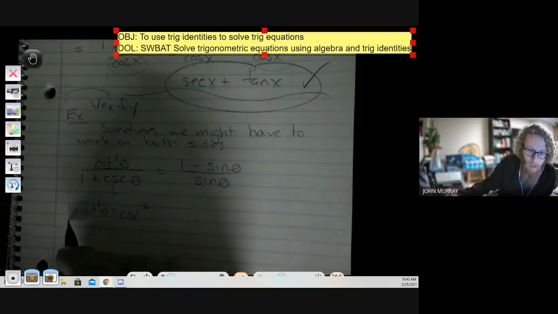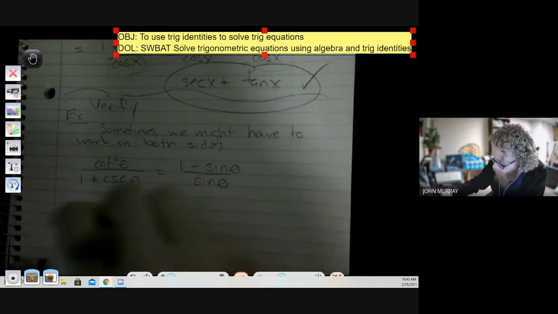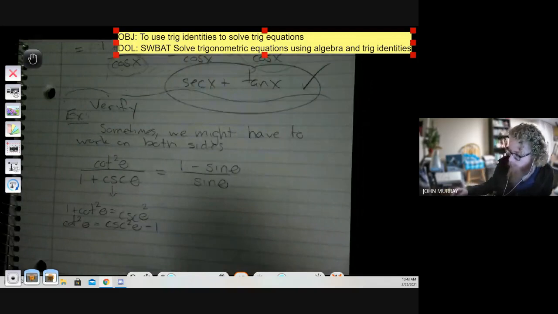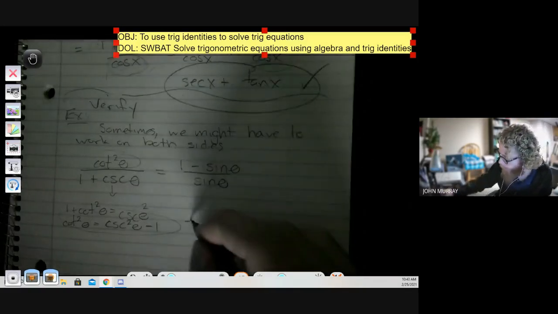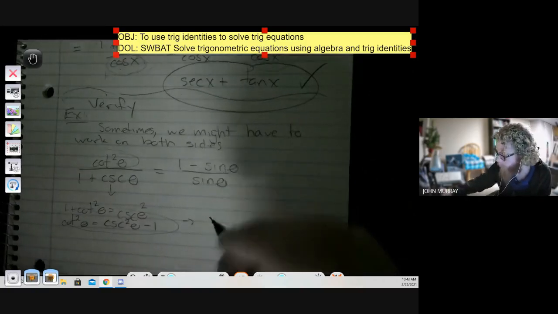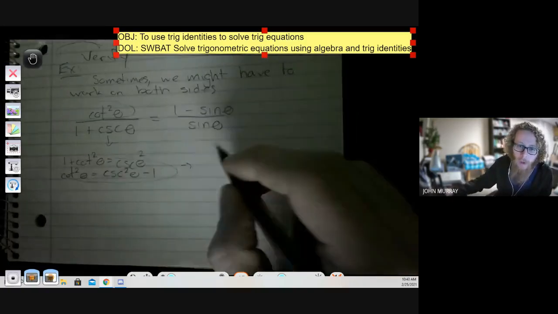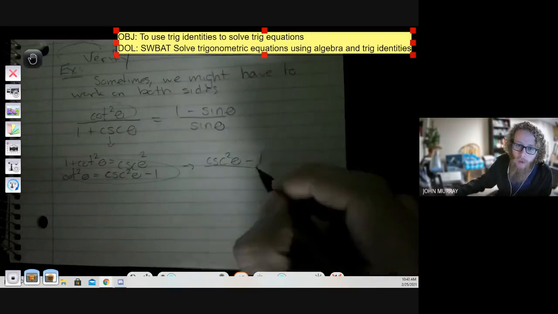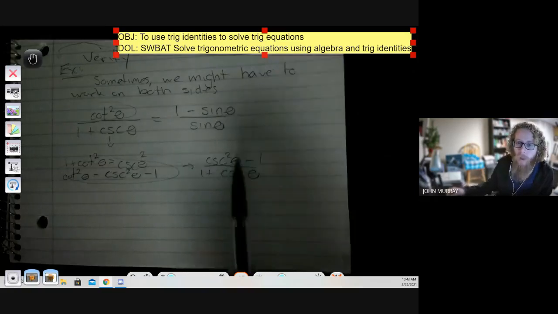So I can say that cotangent squared equals cosecant squared theta minus 1. I'm going to use that and substitute it up here. I'm probably going to run out of room, so I apologize. So the cotangent squared is going to become cosecant squared minus 1 over 1 plus cosecant theta.